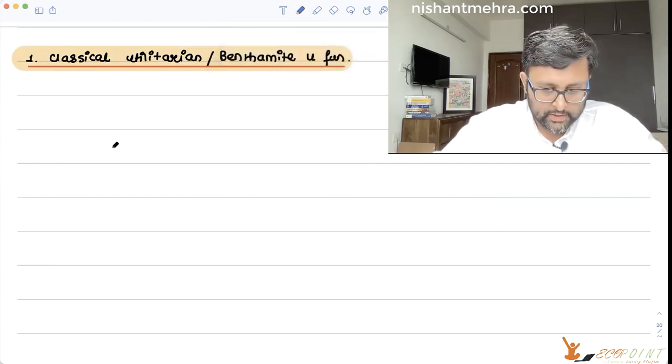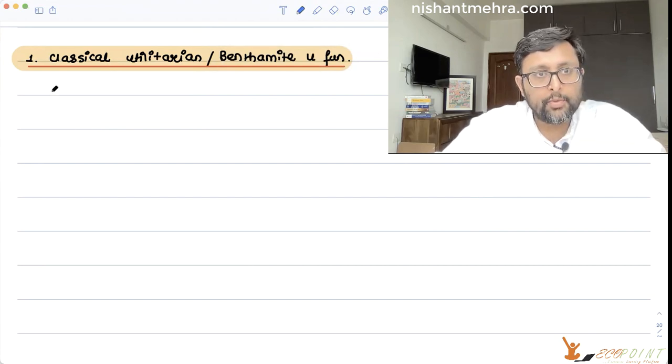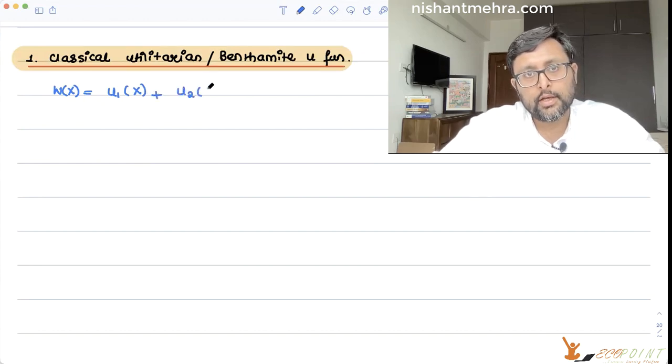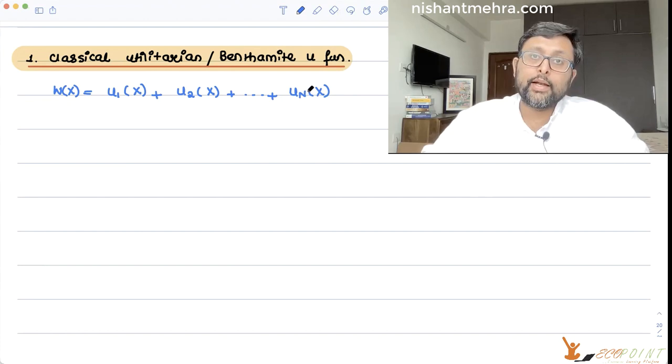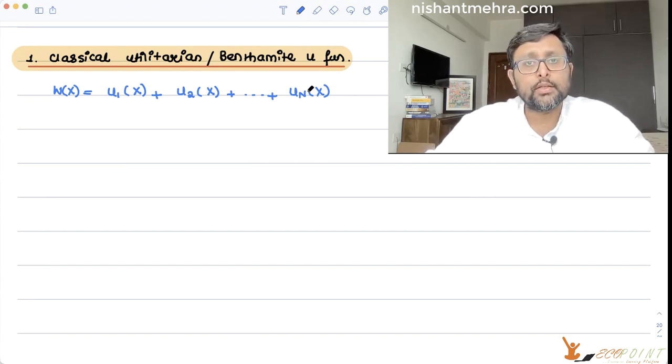Let us say my W(x) is the sum, the social welfare is the sum of utilities which individuals are going to get from consuming X. So what utility individual 1 is going to get from consuming X, what utility individual 2 is going to get from consuming X, the sum of those utilities is the social welfare function.